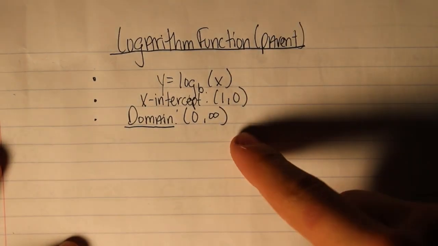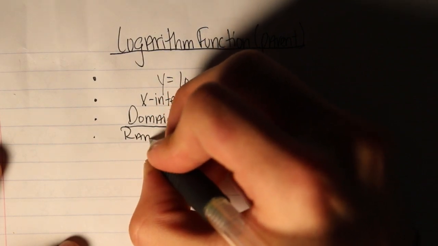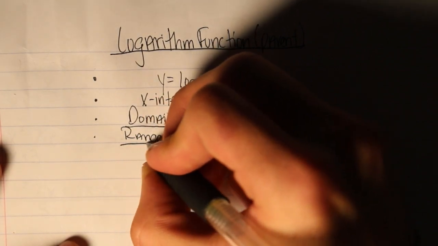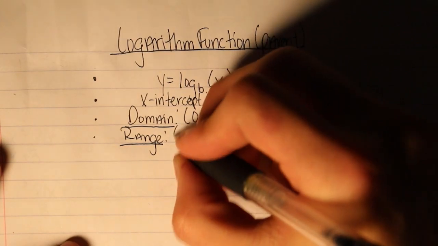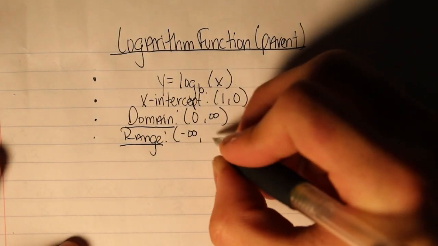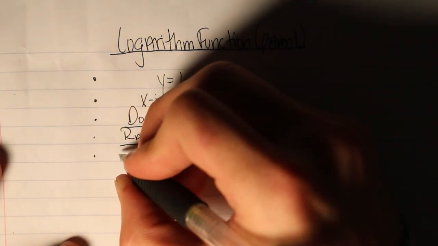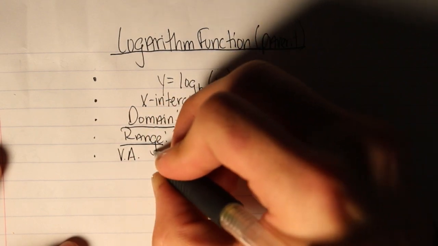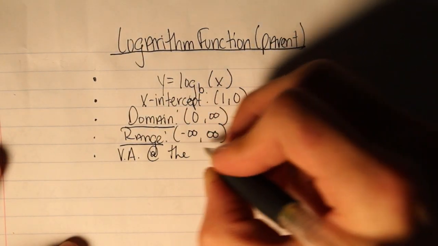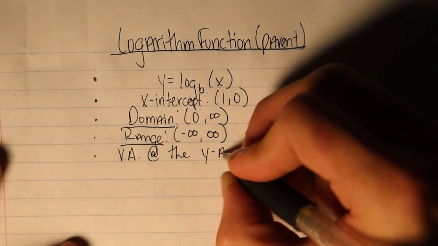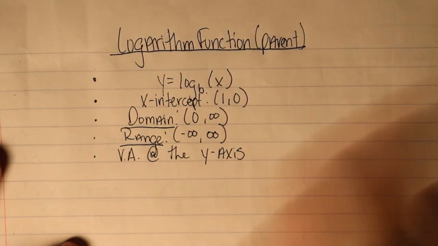That's the range of our exponential. We have our range of a logarithm, which is the domain of an exponential since they're inverses, and that domain is negative infinity to infinity. All right, that makes sense. And then finally, we have a vertical asymptote at the y-axis. All right, these are things that we need to know.